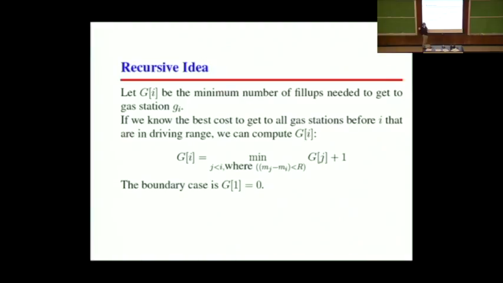Okay, let's read it. The minimum number of stops it takes to get to gas station I is one more than the minimum number of stops it takes to get to gas station J. So I want to minimize over all possible gas stations J, such that J is before I, and the mileage between the J station and the I station is less than how far I can go on one tank full.